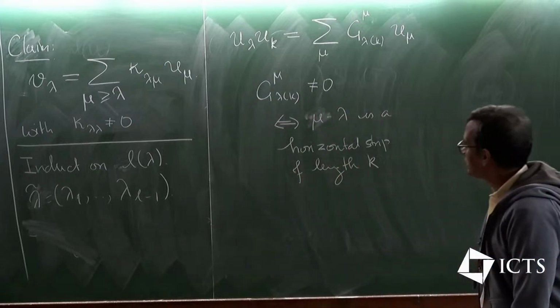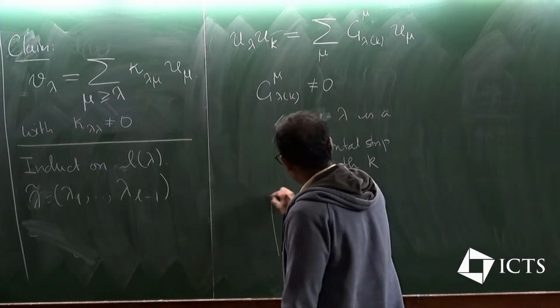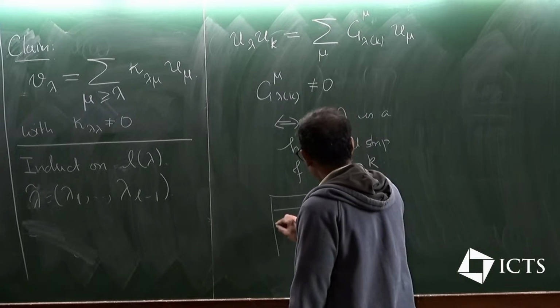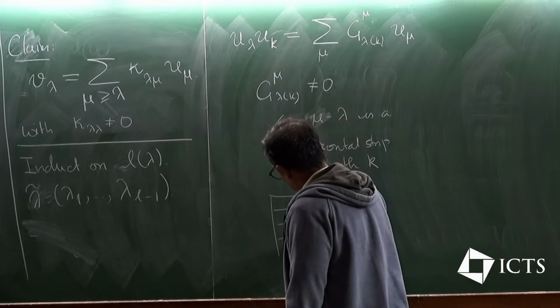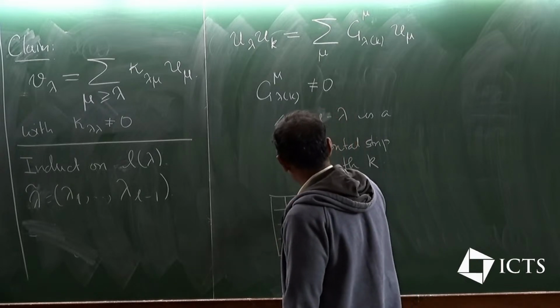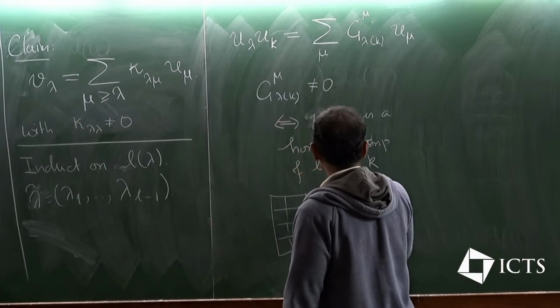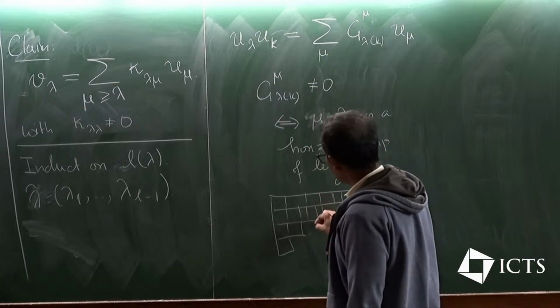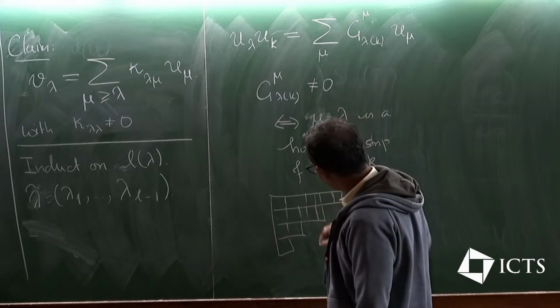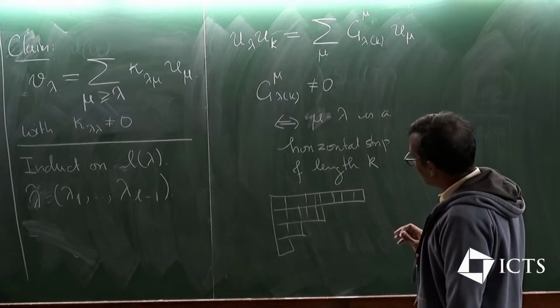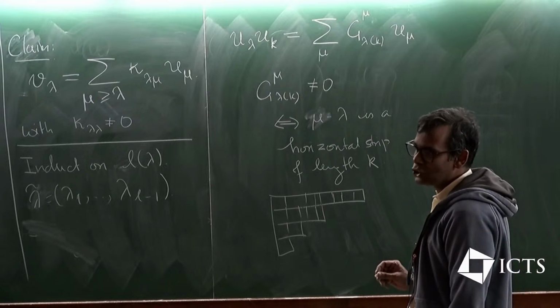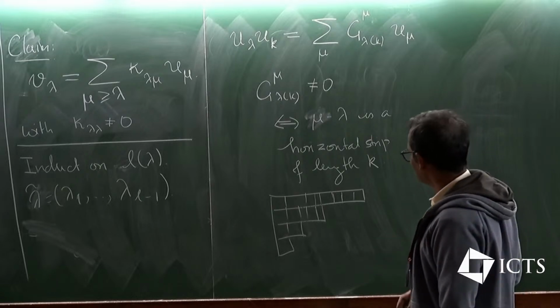Remember this picture we had last time? We have a partition lambda, and we look at a partition inside it by removing some elements from this Young diagram, but we only remove at most one element from each column. That's what a horizontal strip means.